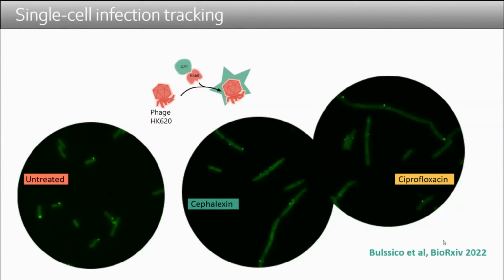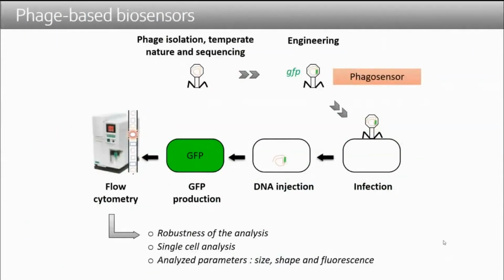So let's go back to the biosensors. So the first biosensors we designed, as I told you, were based on temperate bacteriophages, because it was very easy to engineer the bacteriophage when the genome is integrated into the host genome.